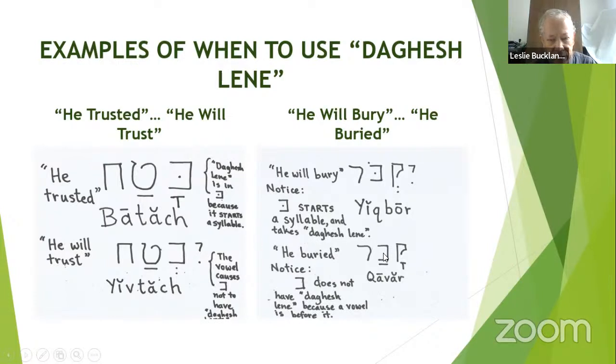And here is Beth again, and it doesn't have Dagesh Lene, but there is a vowel before it. So it must start a syllable at the beginning of a word or the middle of a word, and it must not have any vowel before it in order for it to take Dagesh Lene. Do you have any question on that?